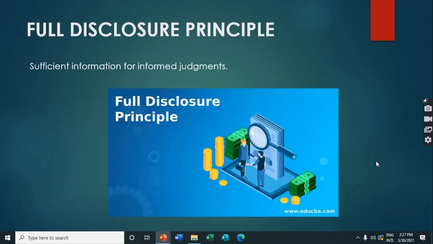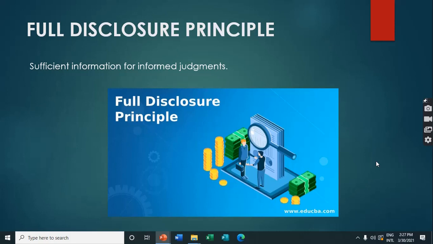Now, let's go to full disclosure principle. So, ano naman itong sinasabi niya? Full disclosure principle. So, sufficient information for informed judgment. Ayan.